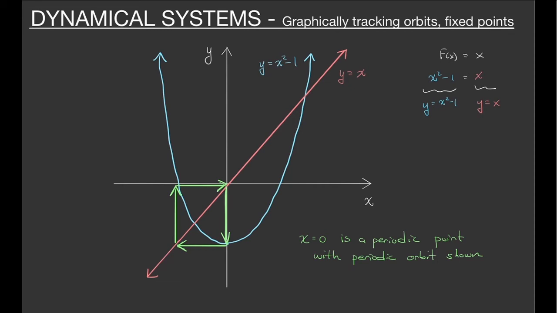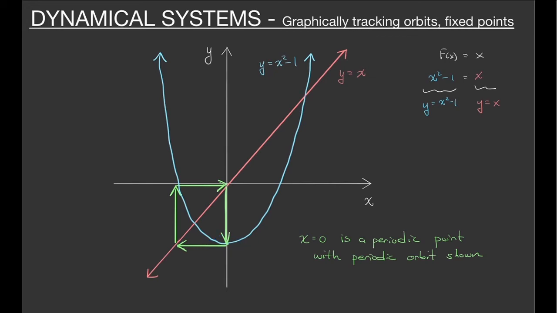And beyond that, we can find periodic points. We can find general behavior of points. Here's how we can see that x equal to 0 is a periodic point. If we start at 0 and substitute it into the equation, what we get out is negative 1, because 0 squared minus 1 is negative 1. That takes us from 0 down to negative 1. Negative 1 is now what's substituted into the function again.